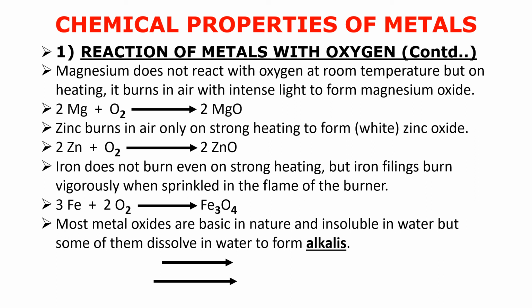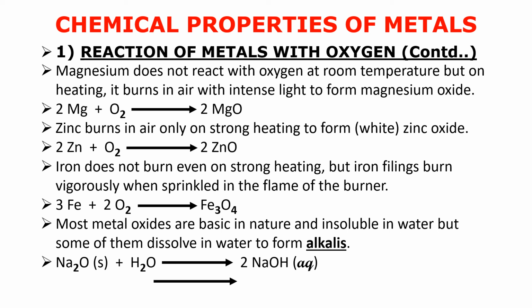Most metal oxides are basic in nature and insoluble in water. But some of them, as I told you in the previous slide, dissolve in water to form alkali. Why do we say most metallic oxides are basic in nature? Simply because when you put any metal oxide in water, you will get a base or alkali.